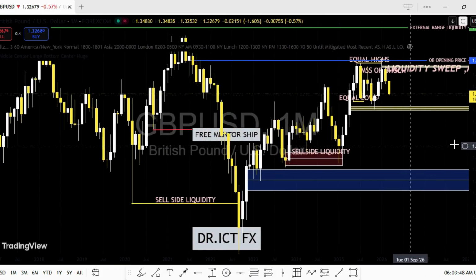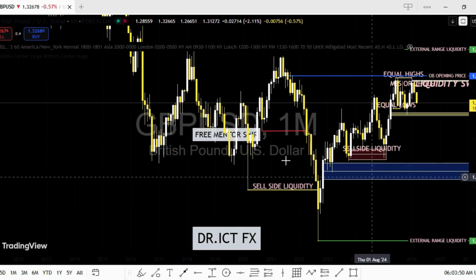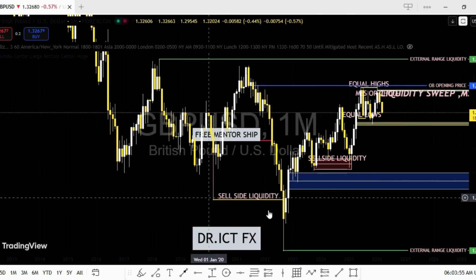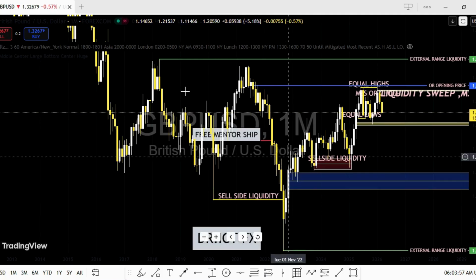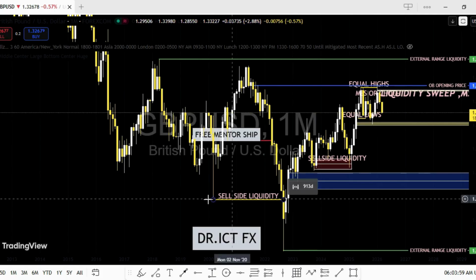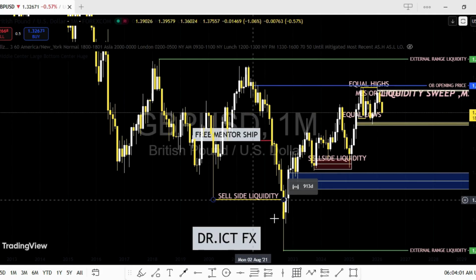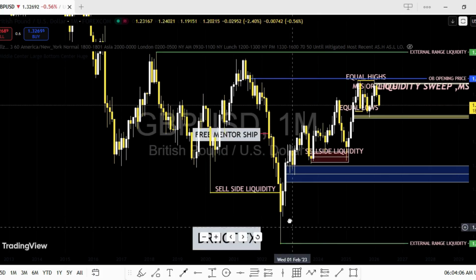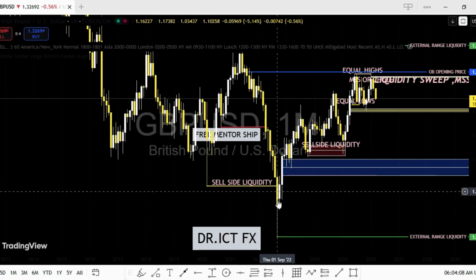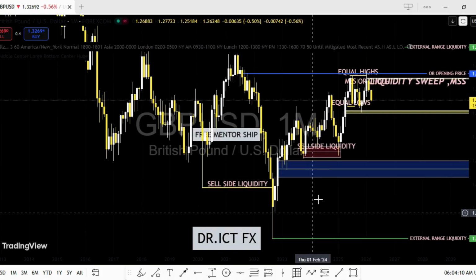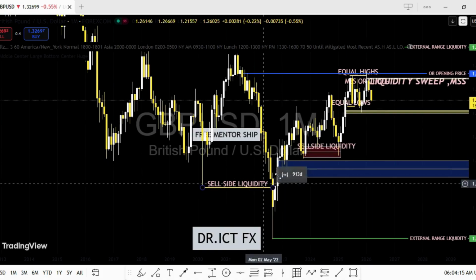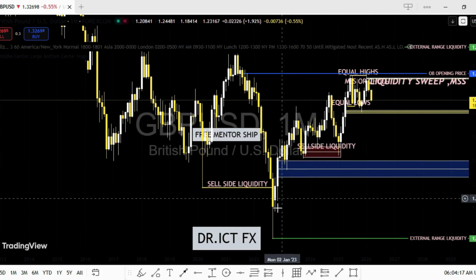So when I put back my annotations, this is what happened. Price came back into our fair value gap on the monthly. So if you are on the monthly, you go to the daily, so that's where the price will be somehow effective. Hope you're trying to understand, folks, what I'm trying to preach.